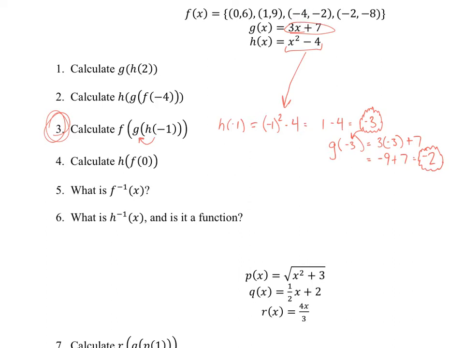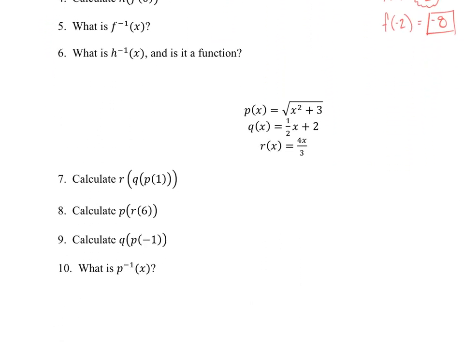So what we are plugging into f of x, we're using f of -2. And when -2 is an input, -8 is the output. That is your answer, because we bounced from g back out to f. So f of g of h of -1 is -8.